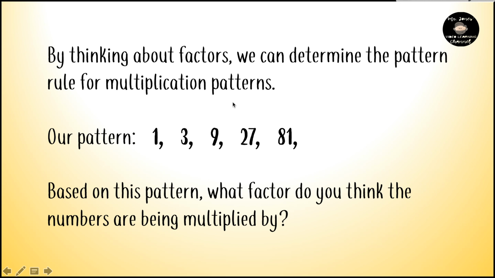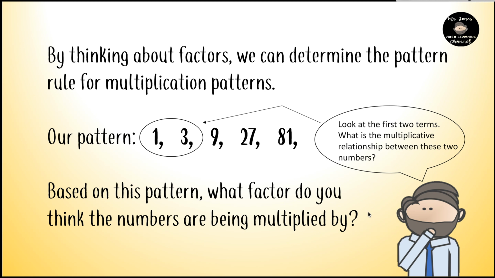Now to see that clearly, by thinking about factors, we can determine the pattern rule for multiplication patterns. So our pattern here is 1, 3, 9, 27, and 81. Based on this pattern, what factor do you think the numbers are being multiplied by? Look at the first two terms. What is the multiplicative relationship between these two terms?